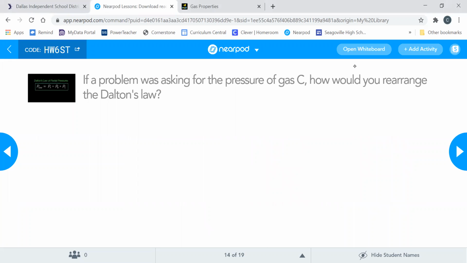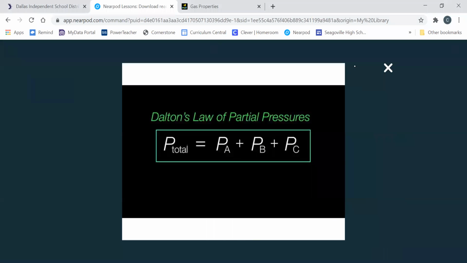Next one, it says, if a problem was asking for the pressure of C, how would you rearrange Dalton's law? So for this one, it's asking me to solve for the missing letter. This is super easy.